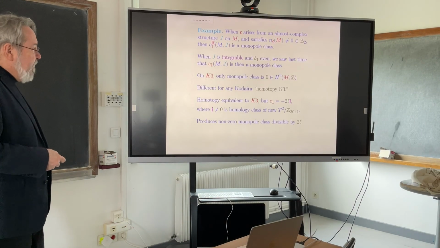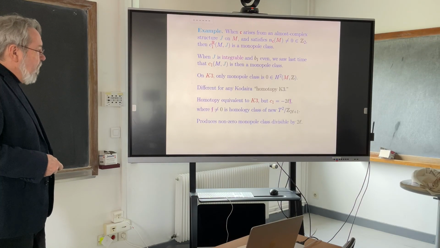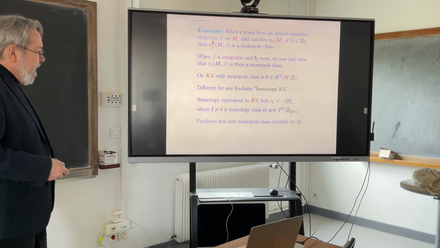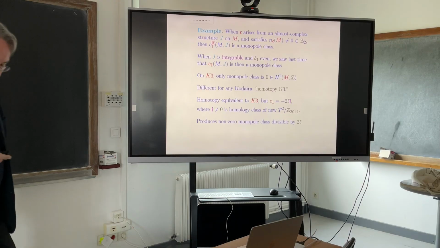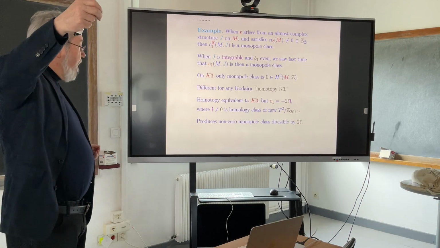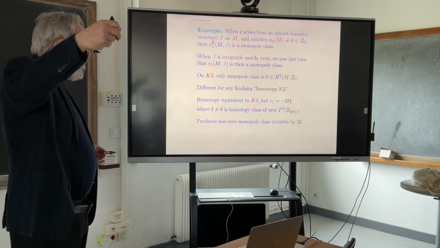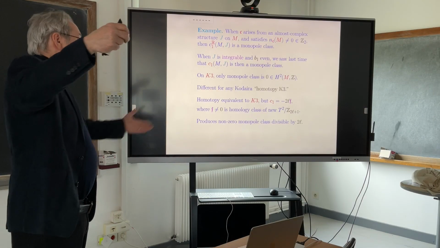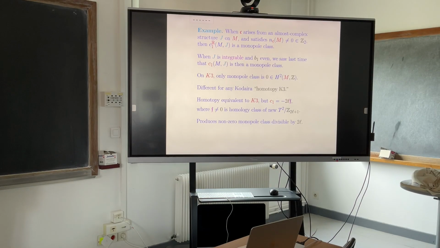But on the other hand, this is the first Chern class of a complex structure on this new complex surface, and so its first Chern class is a basic class and therefore a monopole class. It's divisible by 2L, and when you look at the difference between that and minus that c1, then that will be divisible by 4L, by the definition of the bandwidth, which says the bandwidth must be at least 2L.